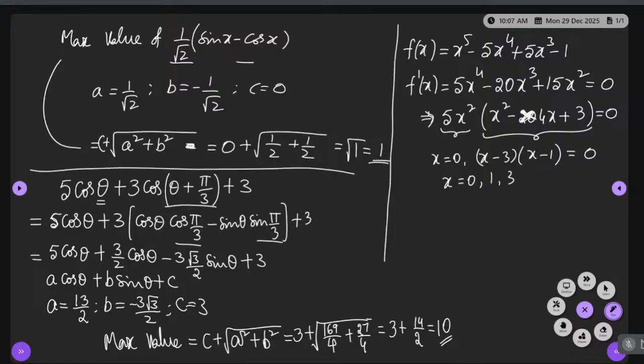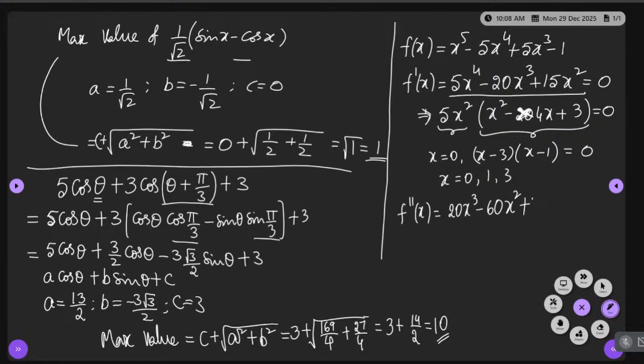Now what is f double dash of x? You need to differentiate this one: 20x cube minus 60x square plus 30x.